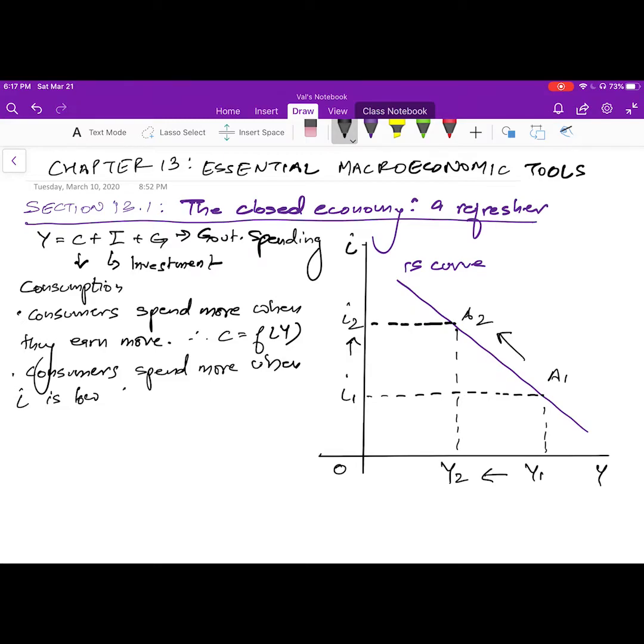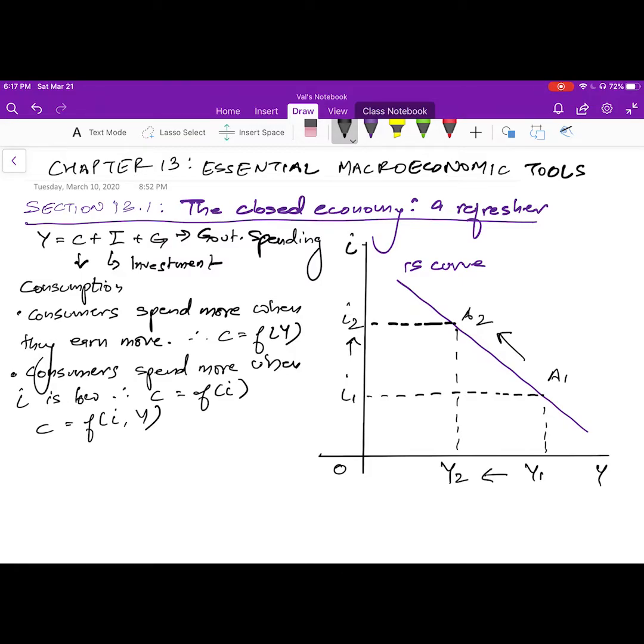So consumption is also a function of interest rate. Put together, consumption is a function of interest rate and output.